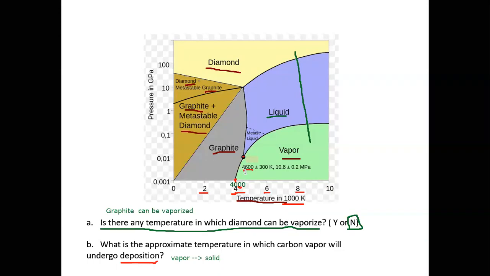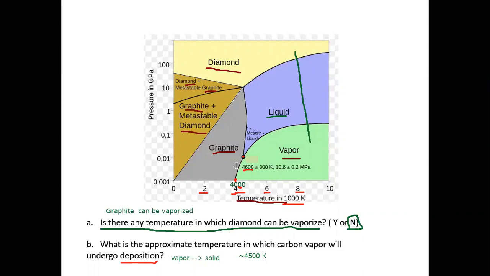So the approximate temperature at which carbon will undergo deposition would be approximately 4,500 Kelvin. That's the approximate temperature at which, at the right pressure, it will undergo deposition.